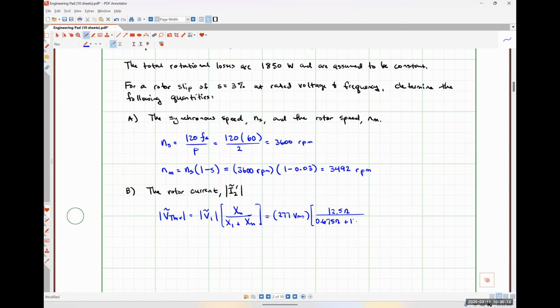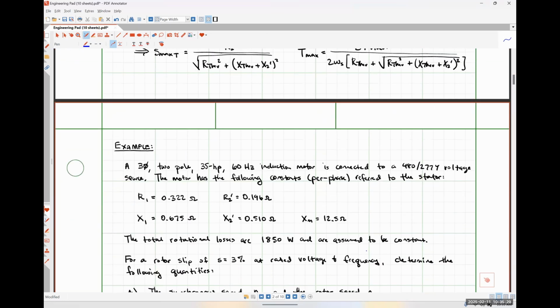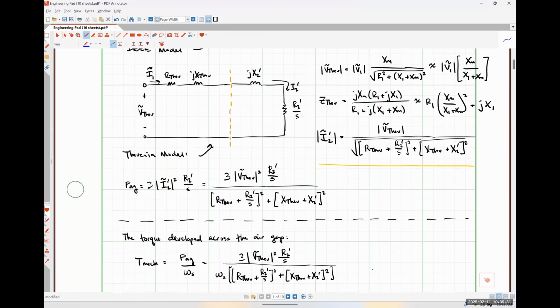And then we have that 12.5 ohms yet again. And I got 262.808 volts RMS. So going back to our equation, we got the magnitude of VThev, so we got the numerator done. Now we need to figure out all of that other stuff.